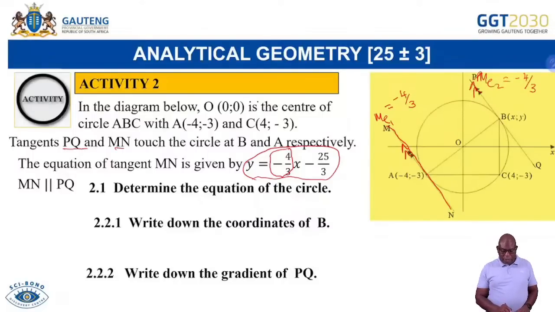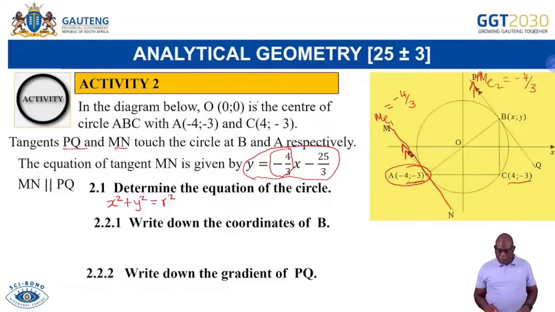Now, PQ and MN are tangents. Write down the equation of the circle. Remember, for the equation of the circle, I need a point. I need this point or that point, any of those 2 points. So for me to write down the equation of the circle, I'll have x squared plus y squared equals r squared.